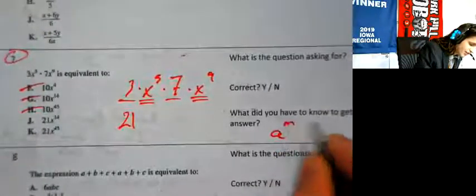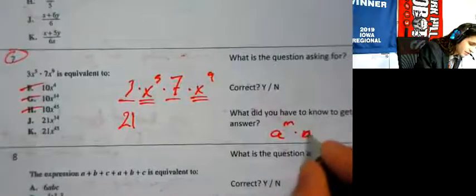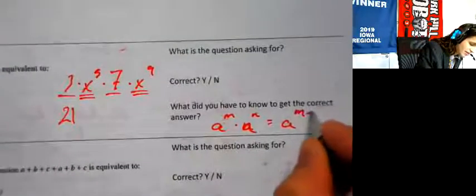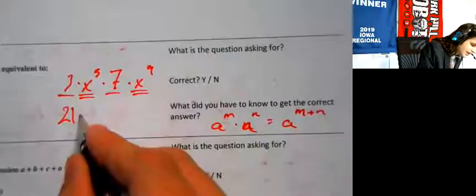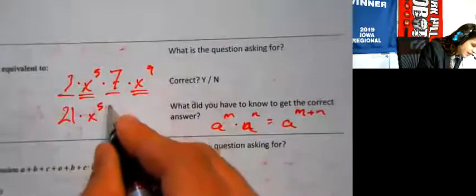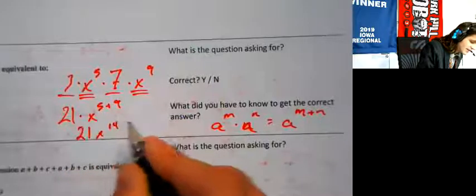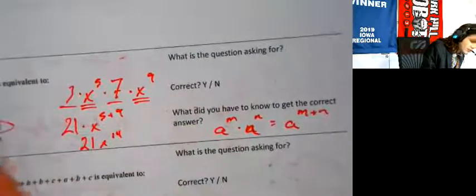You need to know, once again, that if you multiply things with the same base, add the exponents, m plus n. So that's times x to the 5 plus 9. x to the 5 plus 9 is 14. 21x to the 14th, that's an answer of J.